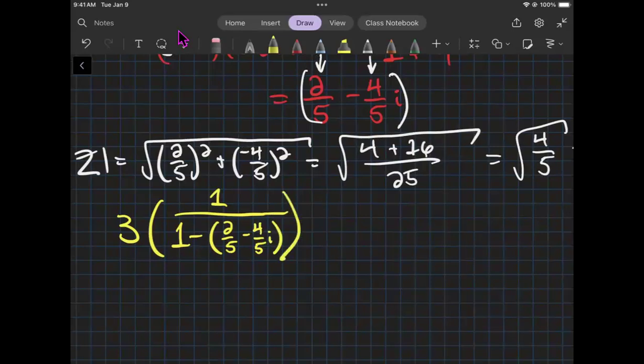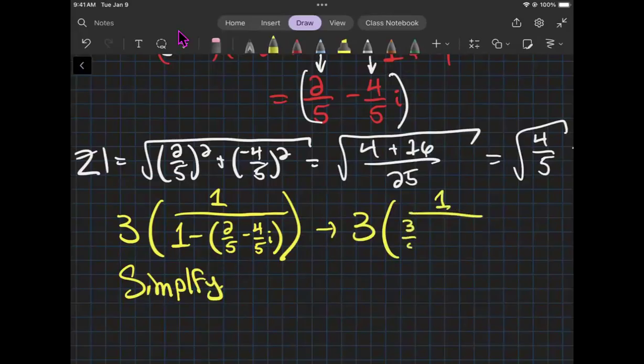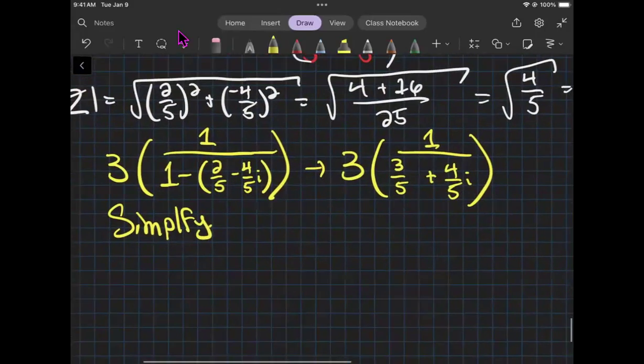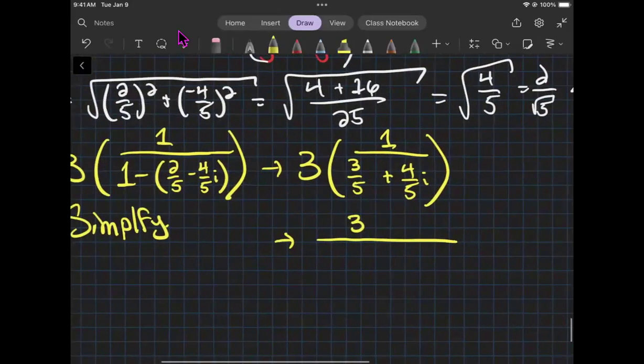All right, so we're going to have to simplify this quantity, and we'll have 3 times 1 over 3/5 plus 4/5 i. And so that would be equal to 3 over 3/5 minus 4/5 i.